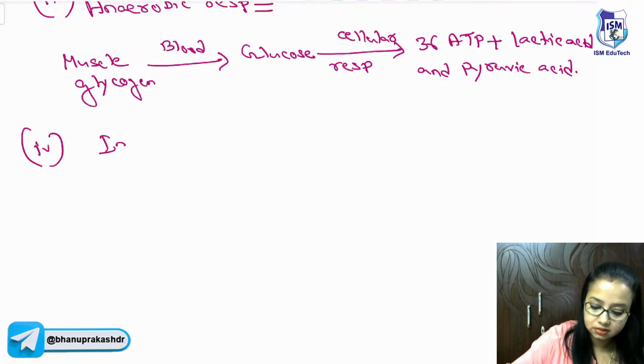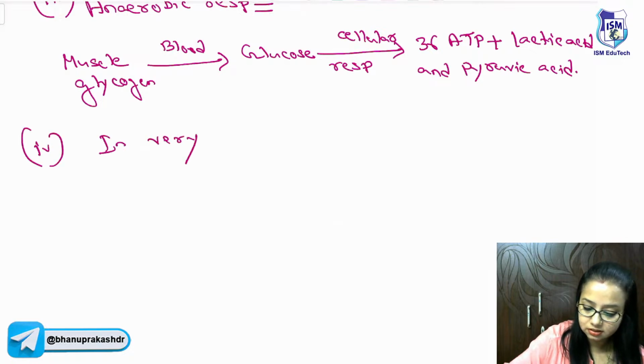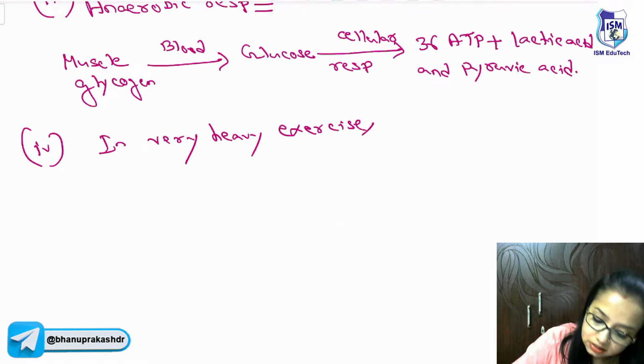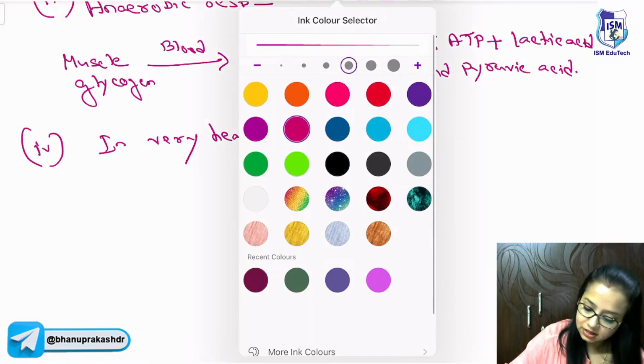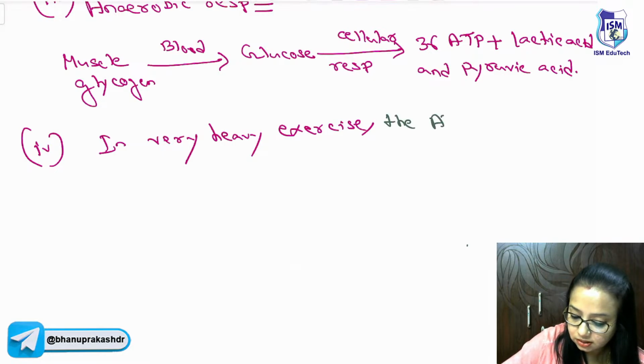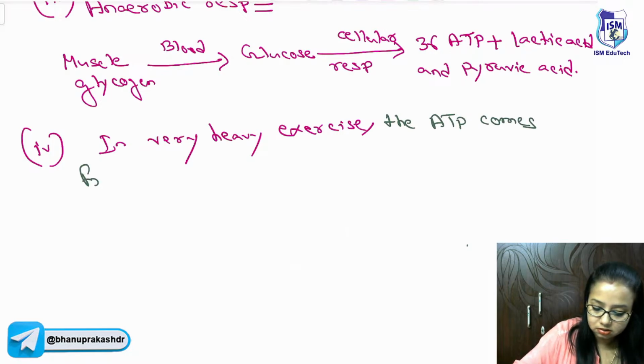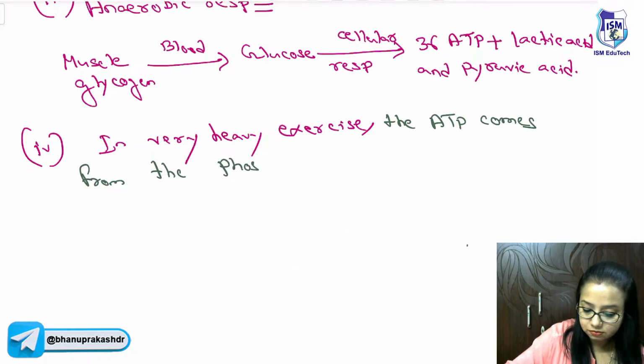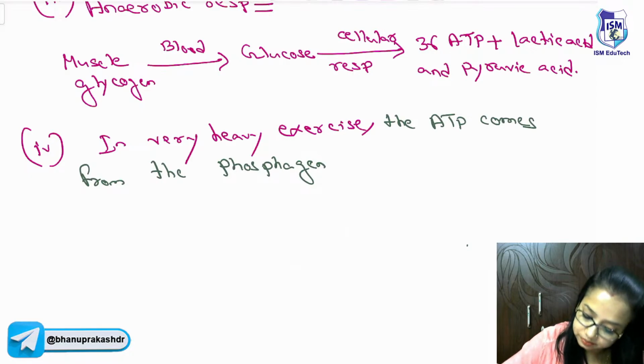In very heavy exercise, the ATP comes from the phosphagen system. What is the phosphagen system?